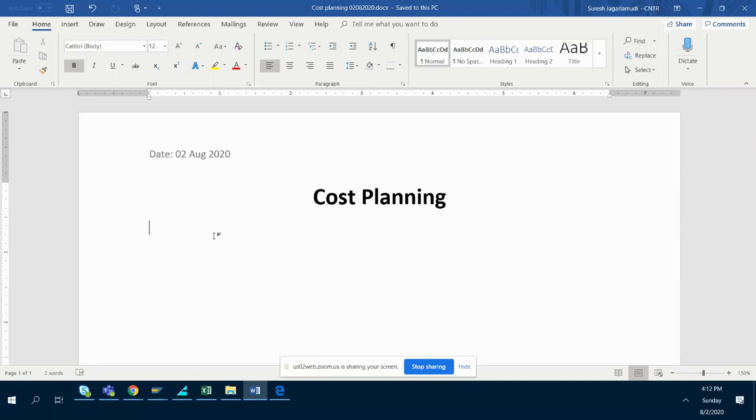So we know the relationship between scheduling, cost, and the resources part of it. From the perspective of budgeting, cost is very important, because any resource we assign to the project is associated with a cost.